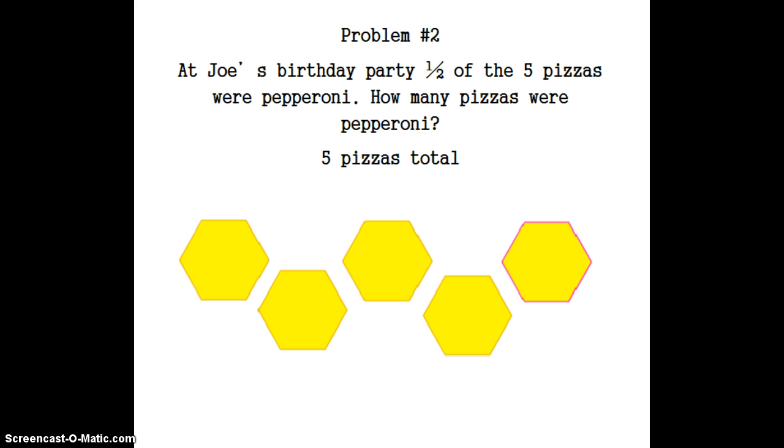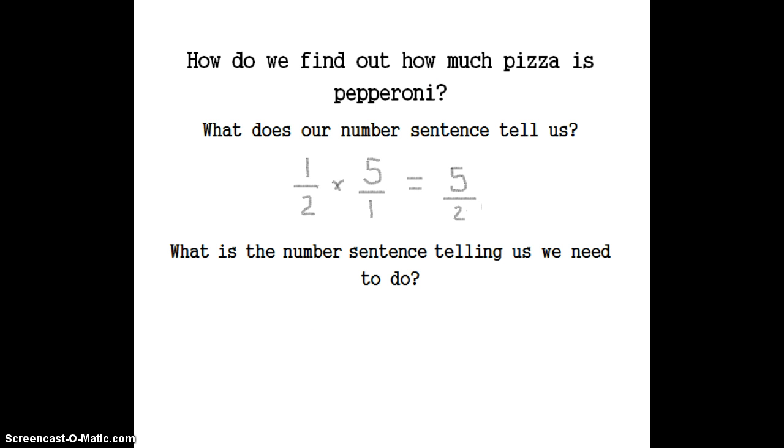Problem number 2. At Joe's birthday party, 1/2 of the 5 pizzas were pepperoni. How many pizzas were pepperoni? Here we see our 5 pizzas total. So how do we find out how much pizza is pepperoni? Let's look at our number sentence.